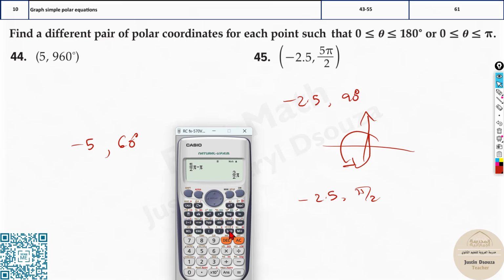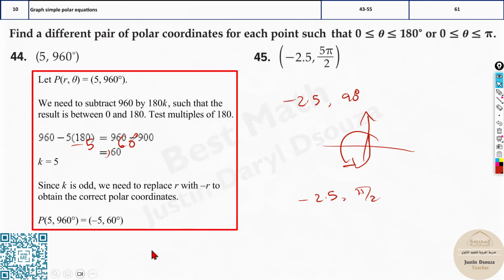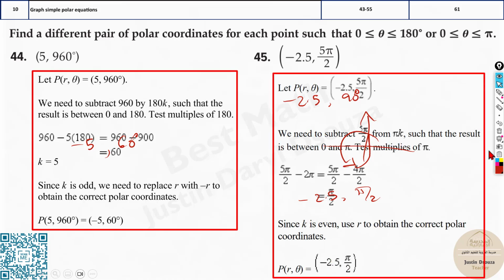The 3 by 2 is 1.5. That's no good. We will subtract again. Now look over here. It's a half. Half is within this, right? 0 to pi. Yes, it's half pi. That means this is the answer. How many times have we subtracted pi? 1, 2. So it's an even number. We keep the radius the same. So you can see the answer over here will be minus 2.5, comma pi by 2.